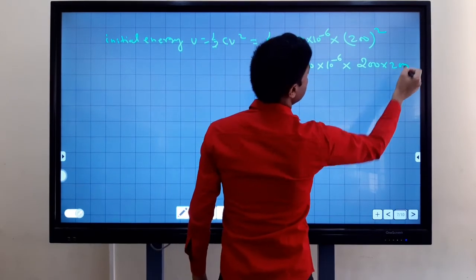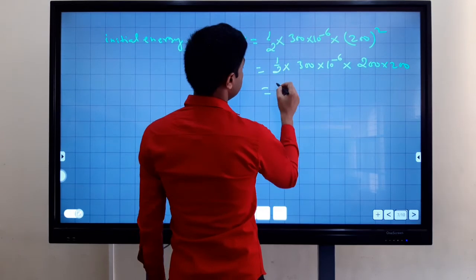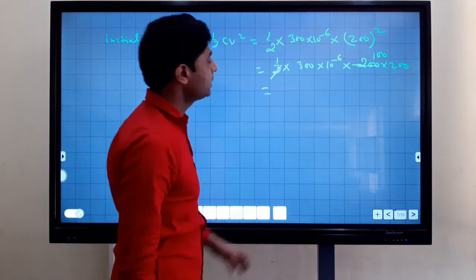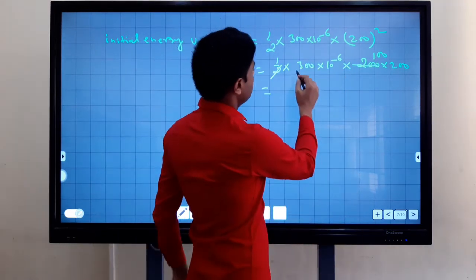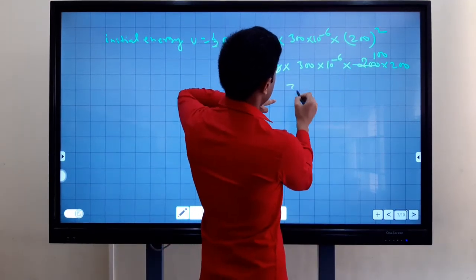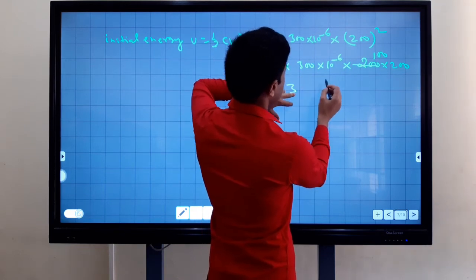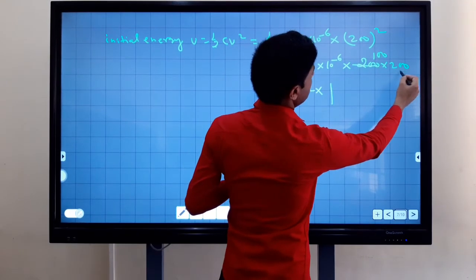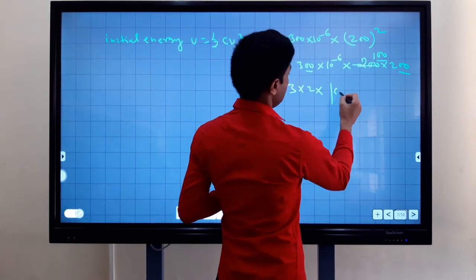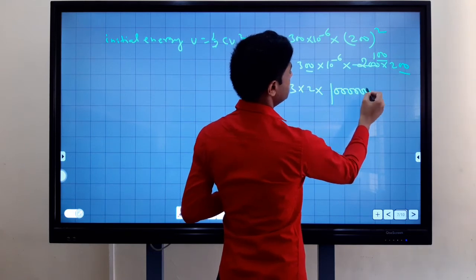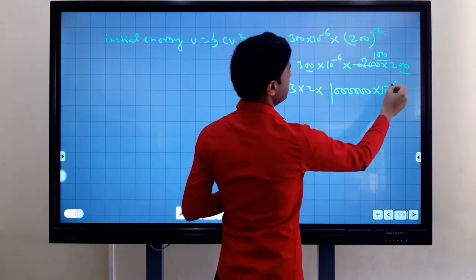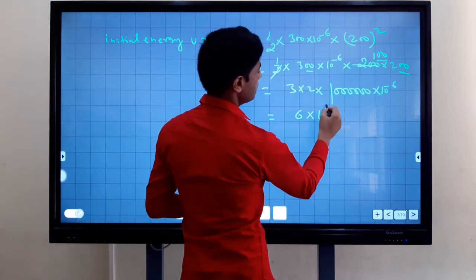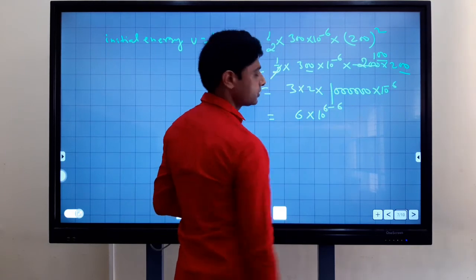It means 1 upon 2, 300 into 10 to the power minus 6, into 200 into 200. Multiplying, we get 6 into 10 to the power 6 and minus 6.